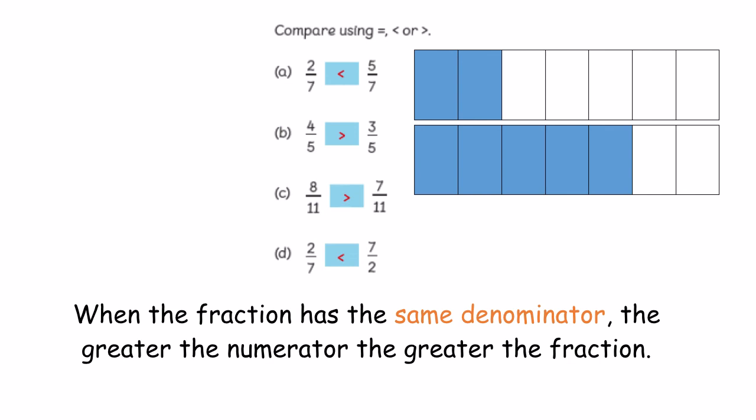The bottom bar has been split into 7 pieces as well, but 5 are shaded. That shows us 5/7. And we can see that I was correct. 5/7 is the bigger fraction, because when the fraction has the same denominator, the greater the numerator, the greater the fraction.